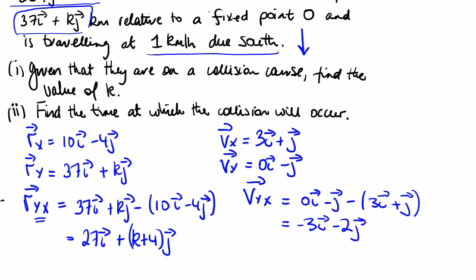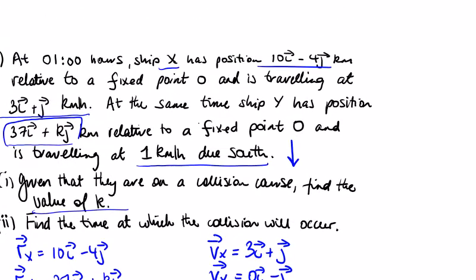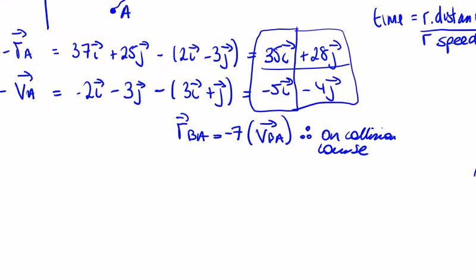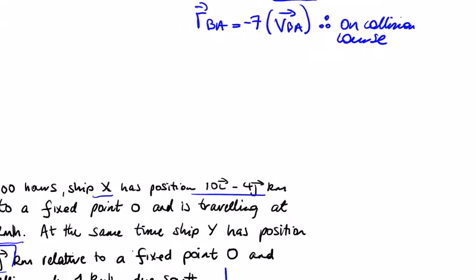Now, given that they're on a collision course, find the value of k. If we just check back on the previous one just to show you something, what's the relationship between 35 and 5 here? 35 divided by 5 is 7, and 28 divided by 4 is 7. So we can say that as a fraction, the i's over each other have to be equal to the j's over each other.